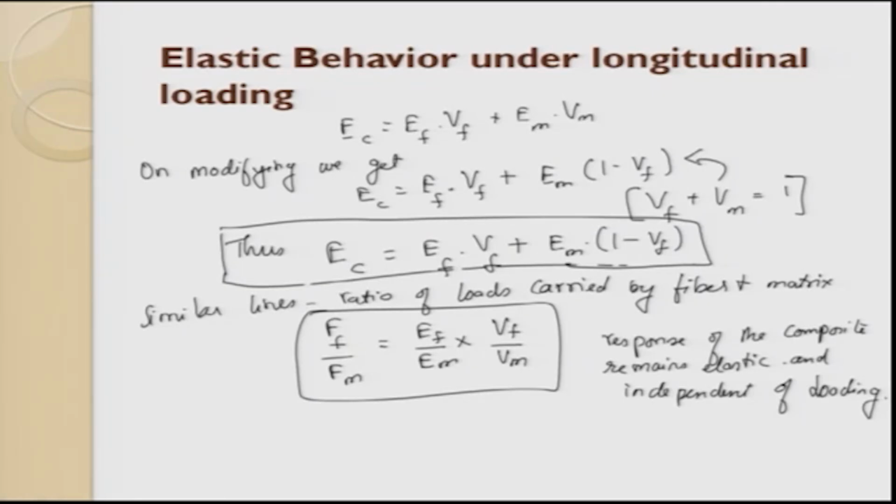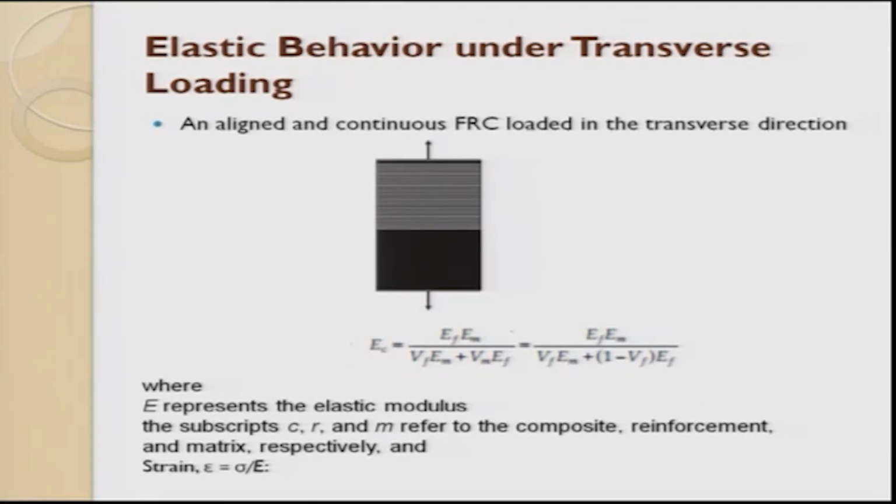So, now let us see the elastic behavior under transverse conditions. Here again the assumption is it is a continuous fiber, and all the fibers are aligned at 90 degrees from the loading direction.